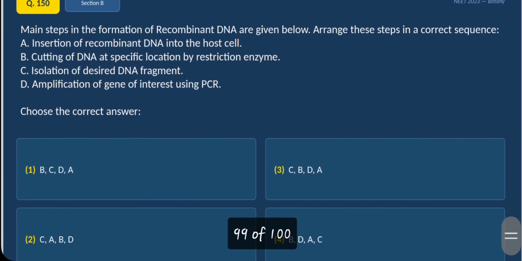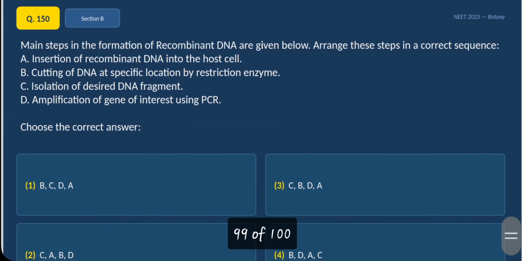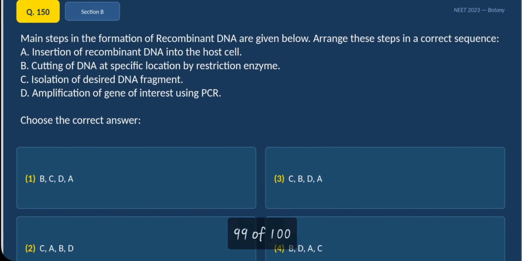Main steps in the formation of recombinant DNA are given below. Arrange the steps in the correct sequence. Insertion of recombinant DNA. So for formation of recombinant DNA, what are the steps? Isolation of desired DNA fragment, cutting of DNA at a specific location by restriction enzyme, amplification.